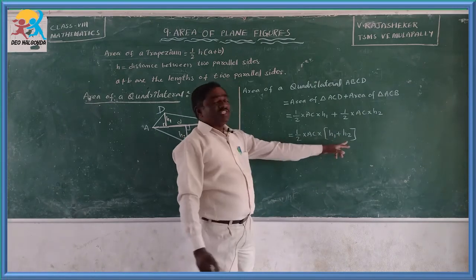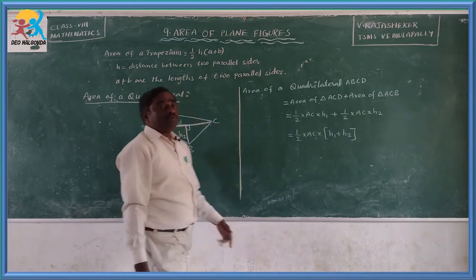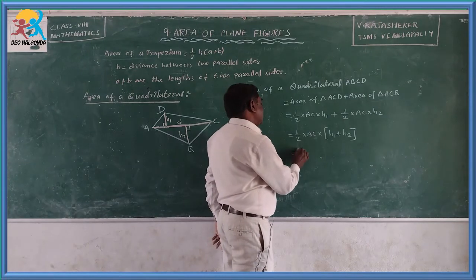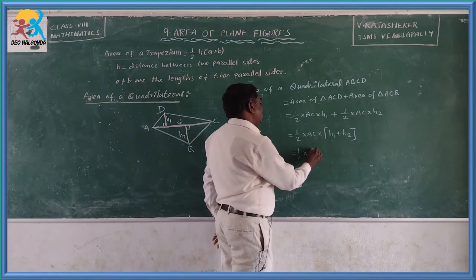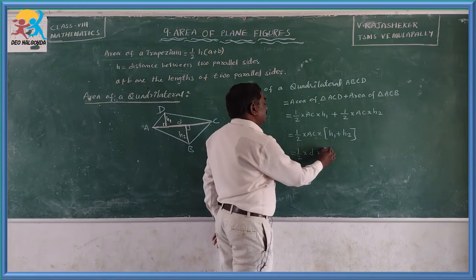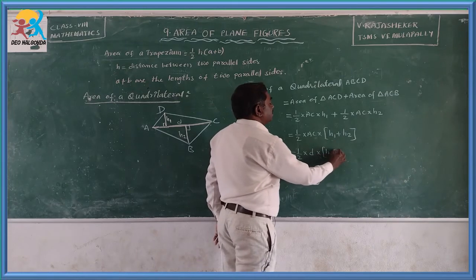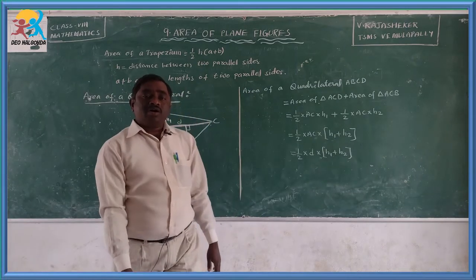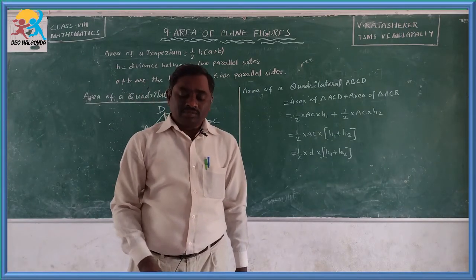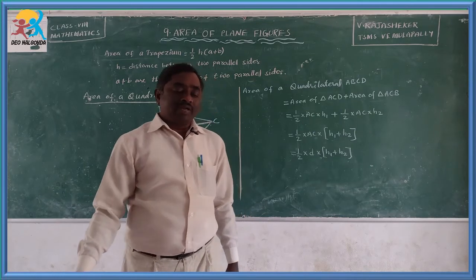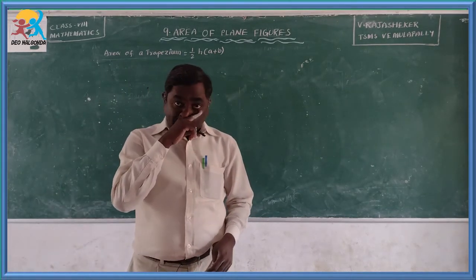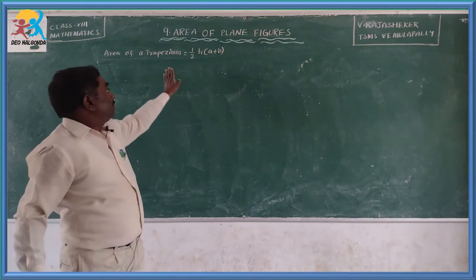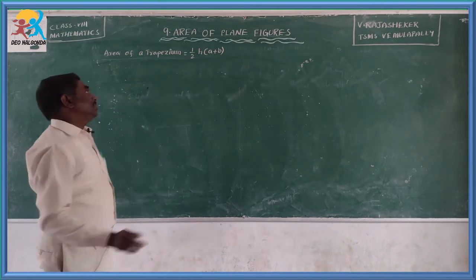So, H1, H2 are perpendicular lines drawn onto AC. And what is AC? AC is a diagonal. Half into diagonal d into H1 plus H2. So, this is the area of quadrilateral. We have already extracted the area of triangle, area of trapezium, half into h into a plus b.